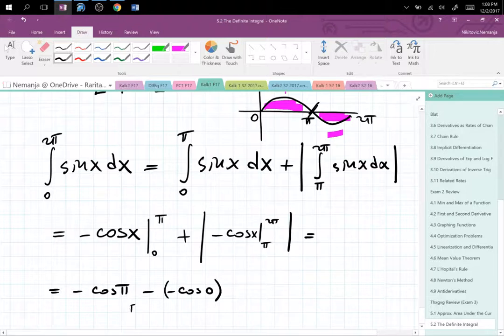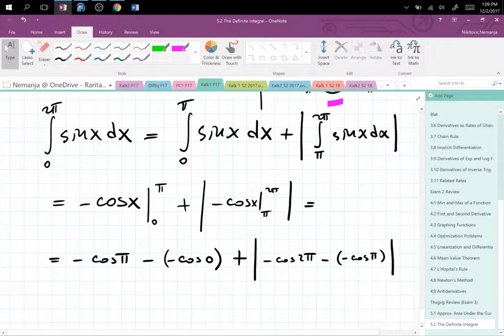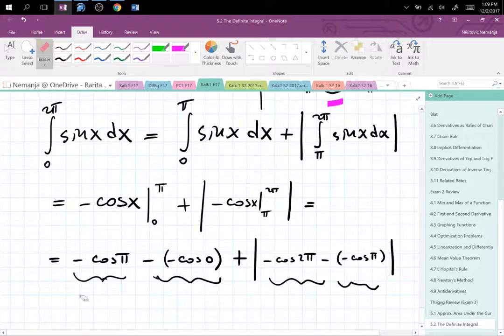So this is the f of b minus f of a. That's that minus. And then cosine has its own minus. But you put that in absolute value. That's plus absolute value negative cosine of 2 pi minus negative cosine of pi. Bueno? So this is your f of b minus f of a, and then f of b, f of a. So we have all of those.